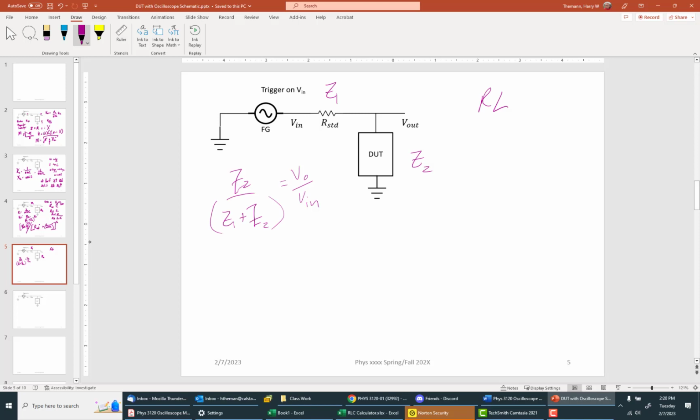So the impedance of an inductor, in fact, an ideal inductor has a resistance of 0, and it's not possible. So you're going to see some incongruities in your graphs, and it's due to the fact that an inductor actually does have a little bit of a real part. But for now, we're going to ignore it.